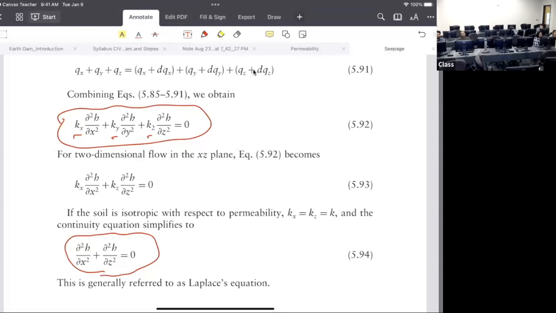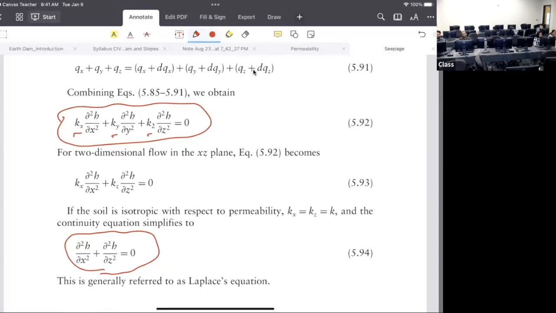But if you think about how any construction is being done, let's say we have an embankment fill that looks like this. How will the construction be done? First we make this, we make this, we make this, then maybe we make this.